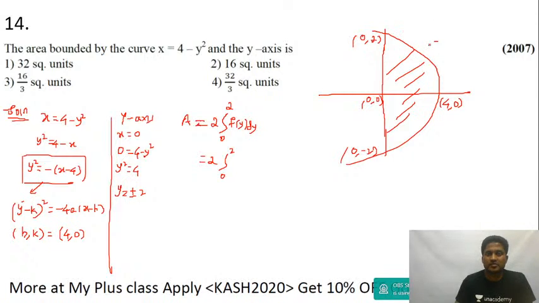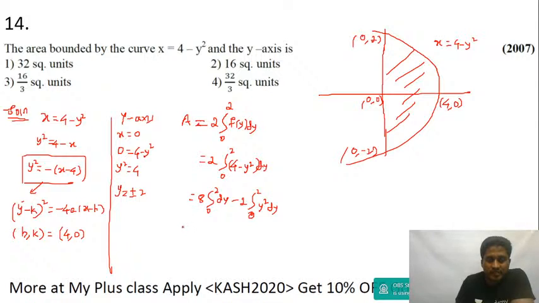This curve is x is equal to 4 minus y square, so it's a function of y, you get 4 minus y square dy. So this will be equal to 8 times the integration from 0 to 2 of dy, minus 2 times the integration from 0 to 2 of y square dy.